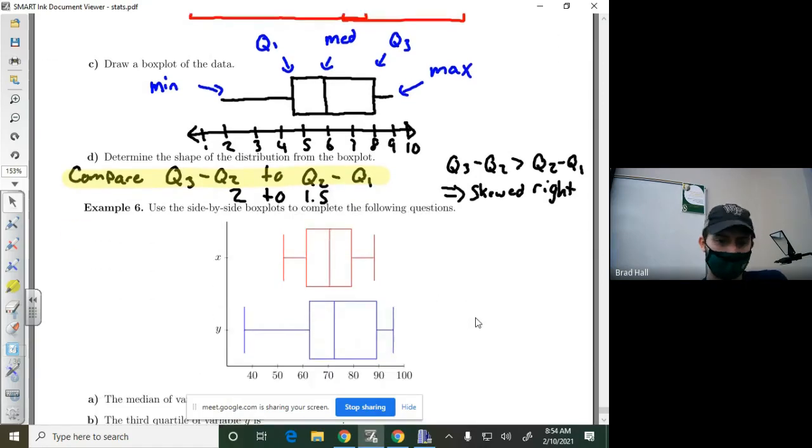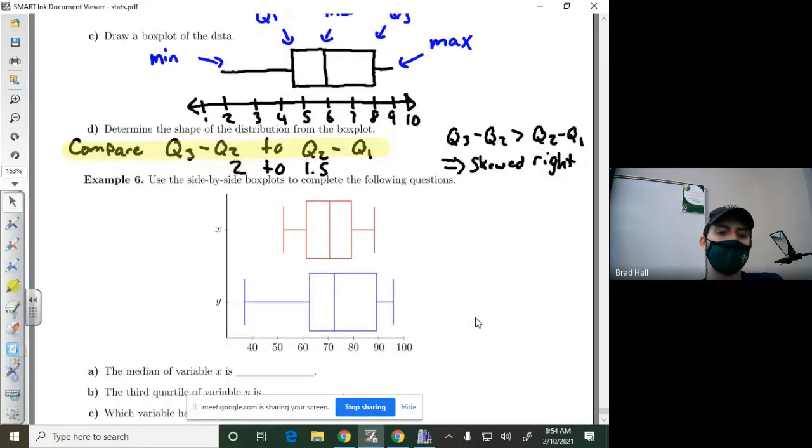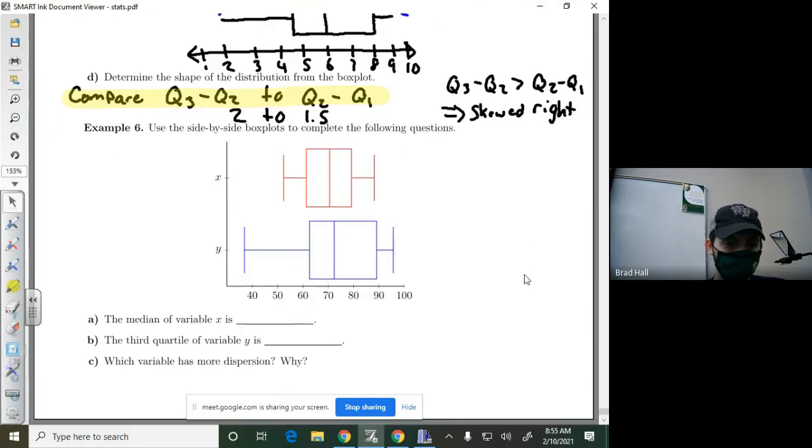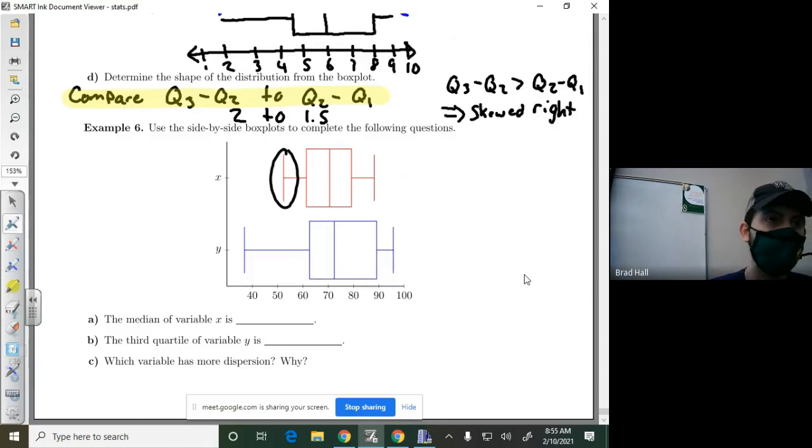And we're going to also look at two box plots at the same time and compare them and see how to analyze these. So the median of variable x. And notice this box plot has lines at the end.